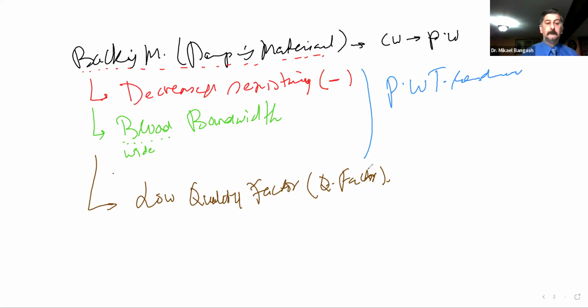Is that clear? So the consequences of having backing material in a transducer are that we will have a decreased sensitivity. We will have a broad or a wide bandwidth, which you can say is the same as a great bandwidth.